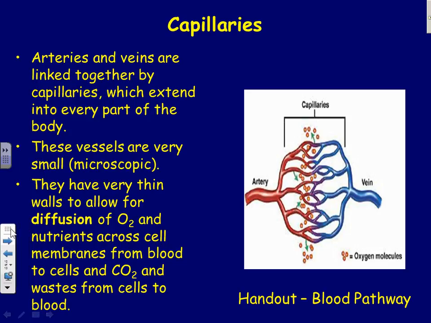Capillaries. Arteries and veins are linked together by capillaries, which extend into every part of the body. These vessels are very small. They have very thin walls to allow for diffusion of O2 and nutrients into the cells, and then again, CO2 and waste from the cells into the blood.